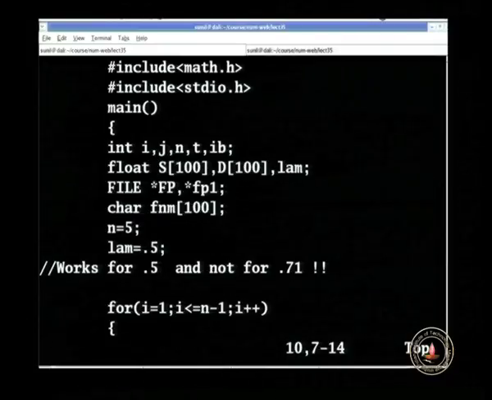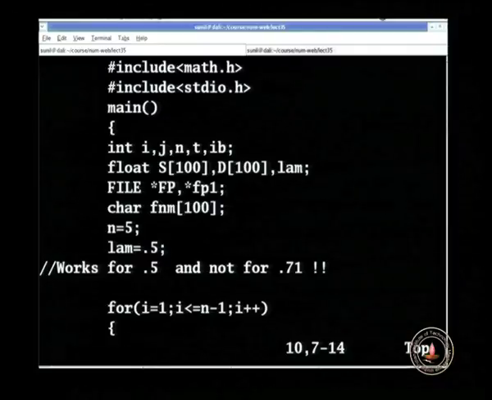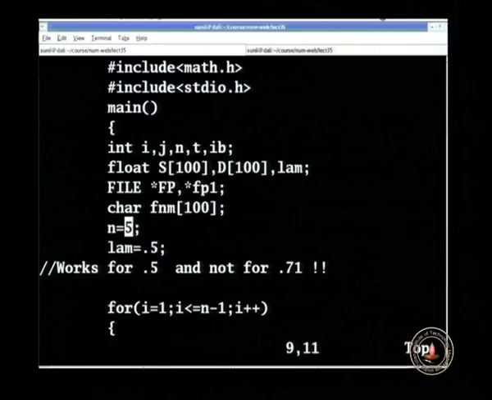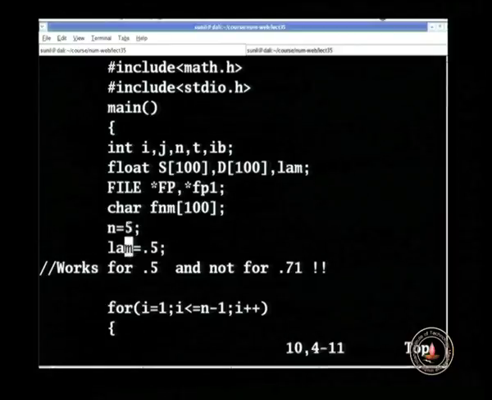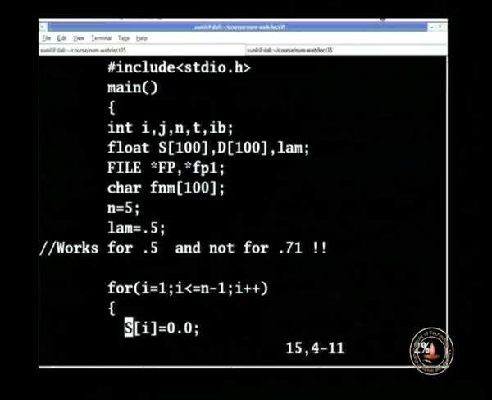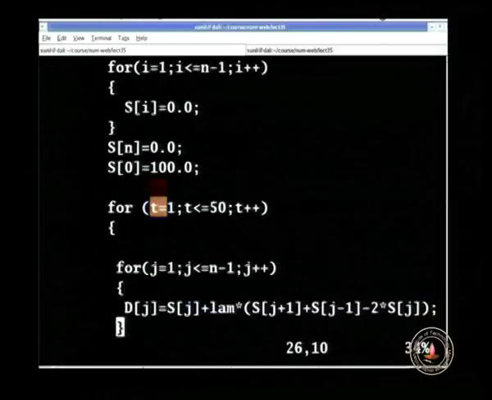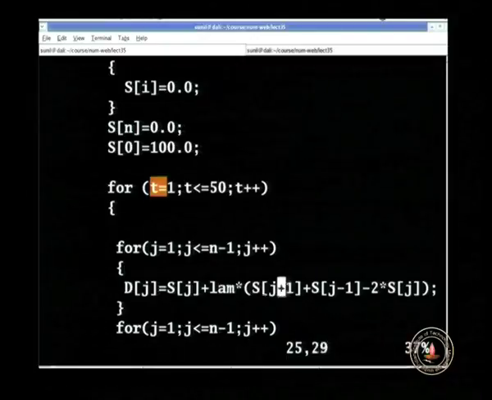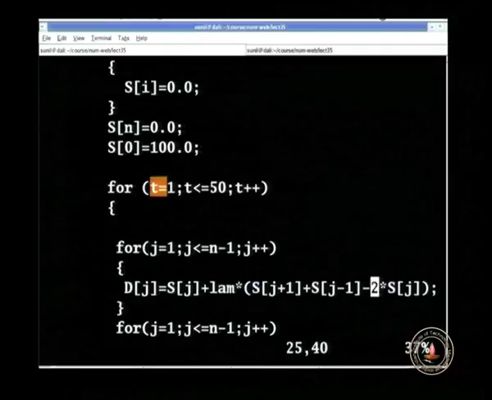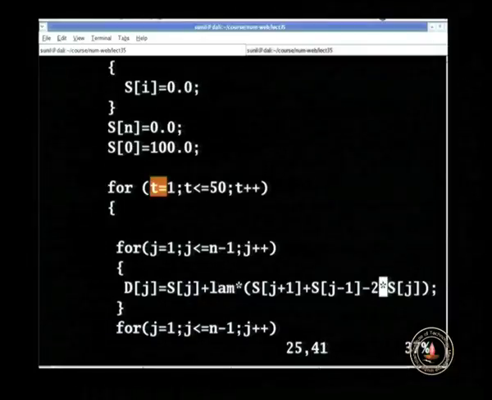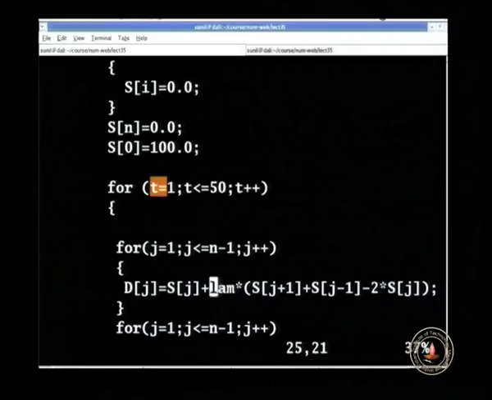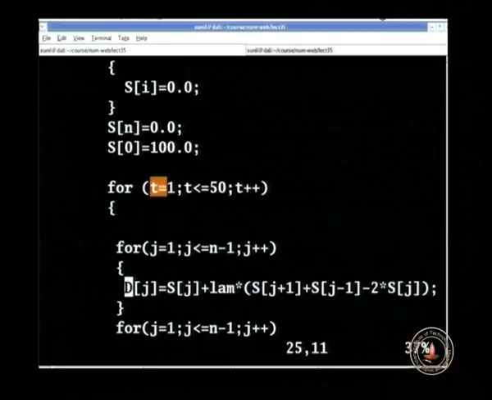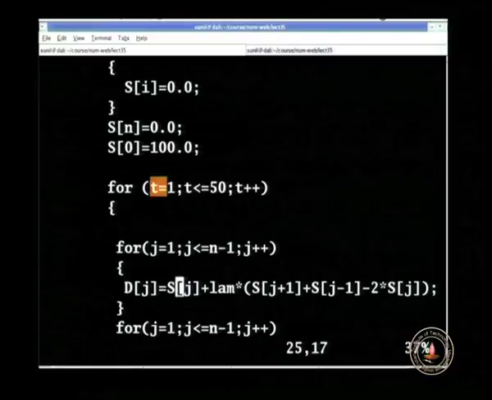Okay, so we are using a lambda equal to 0.5, and what we do is we discretize the space into 5 points, and we use the explicit equation, which is saying that s at j plus 1 plus s at j minus 1 minus 2sj, multiplied by lambda and added to sj, is the next one, which I store as d of j here. Okay, so d is time t plus 1 and s is time t. That's what we are going to use.